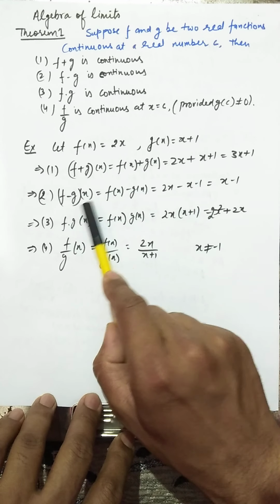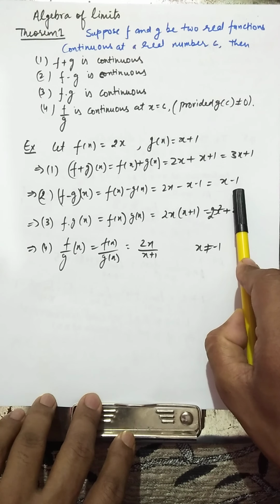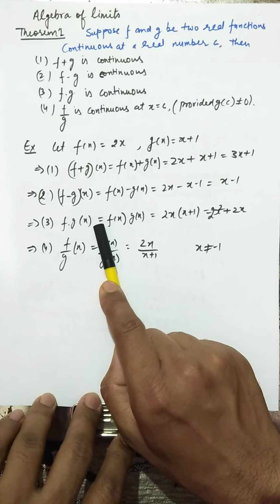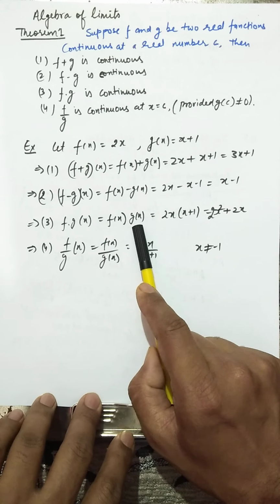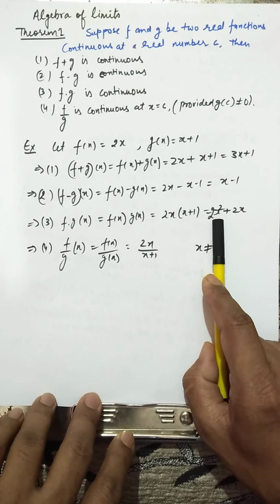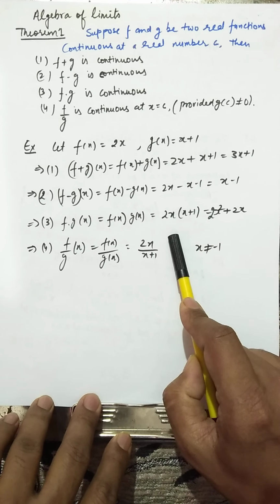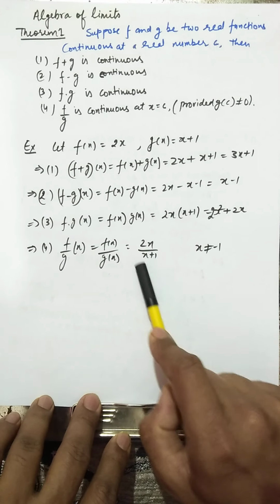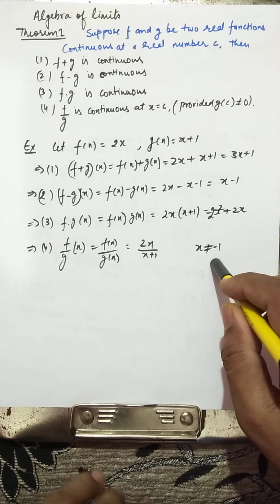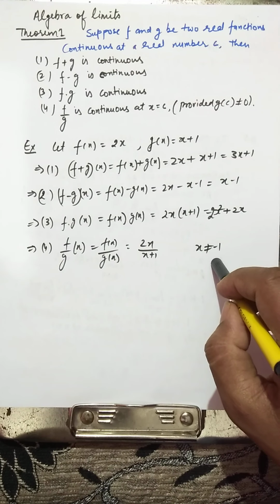Similarly, (f minus g)(x) is f(x) minus g(x), so this is 2x minus x minus 1, which becomes x minus 1. (f times g)(x) is f(x) times g(x), so this is 2x times x plus 1, which is 2x squared plus 2x. (f upon g)(x) is f(x) upon g(x), this is 2x upon x plus 1, and you see this g(x) is defined if x is not equal to minus 1. So this is what we have done till now, and we'll continue after this with some more questions.